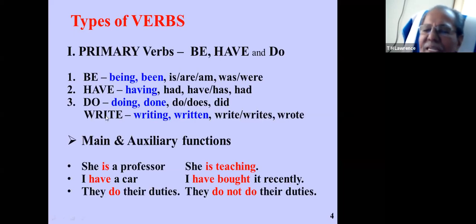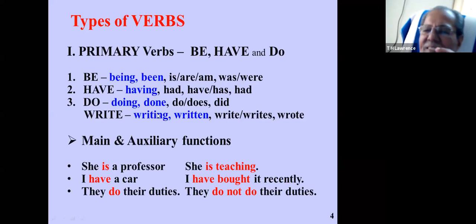Similar to do, we have so many other words. They are called do verbs. So one of the do verbs is write, for which write itself is one form, then writing, written, then write or writes, and wrote.